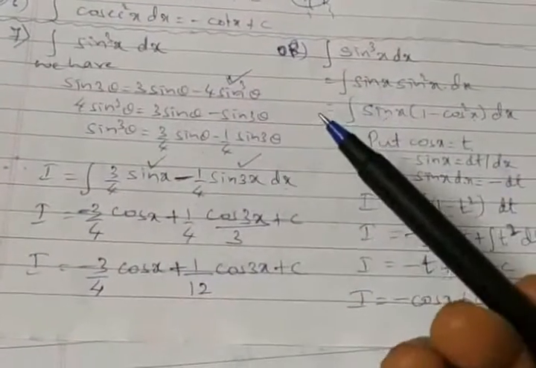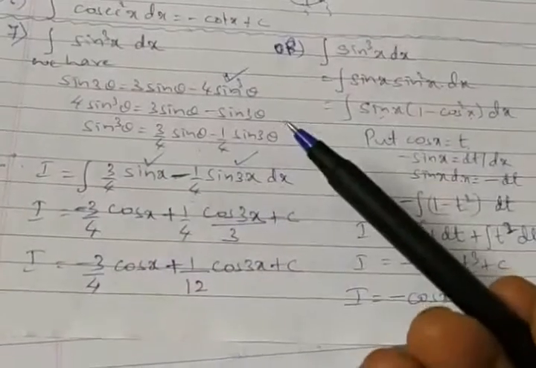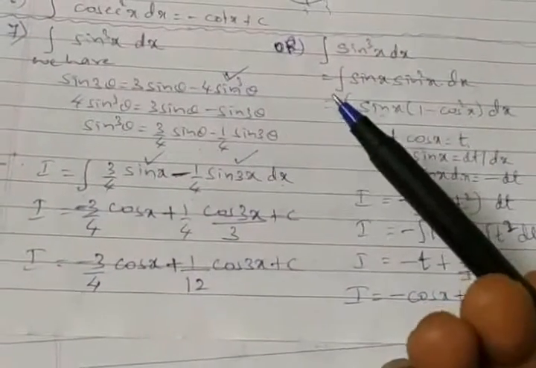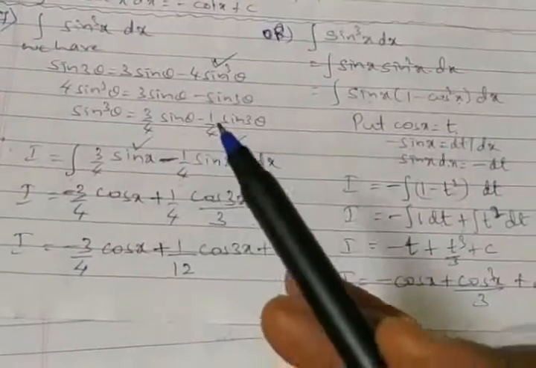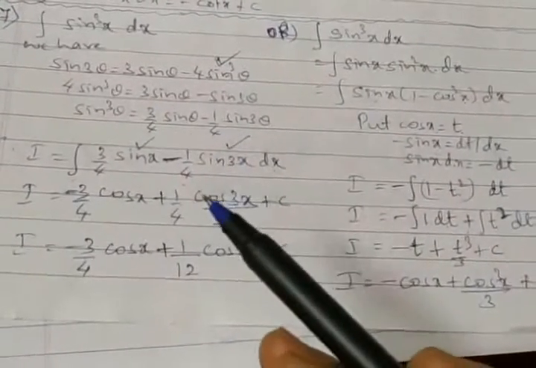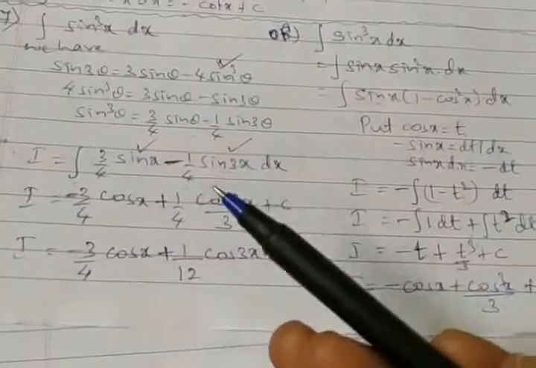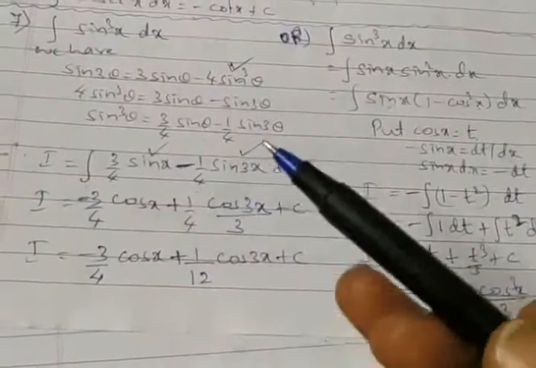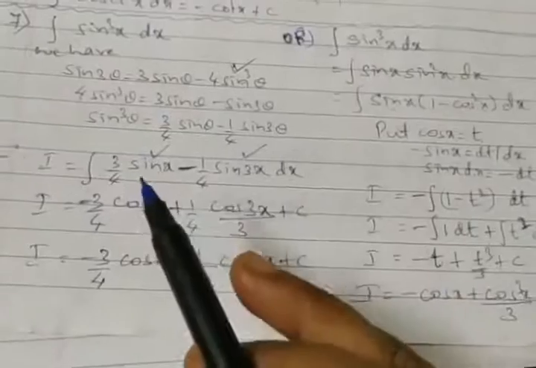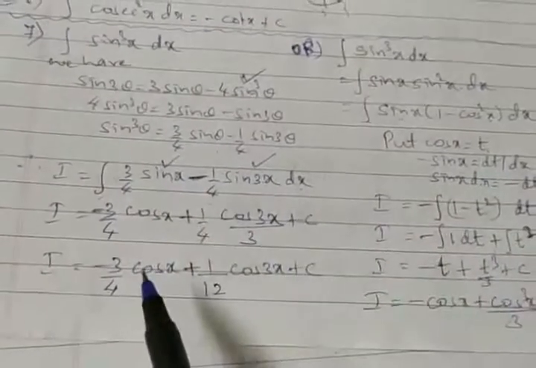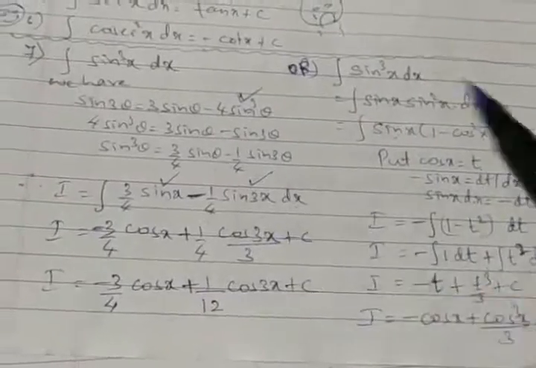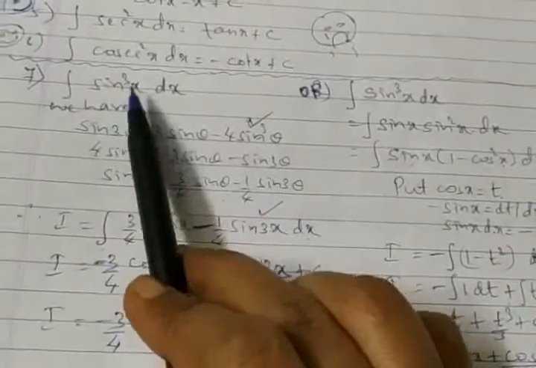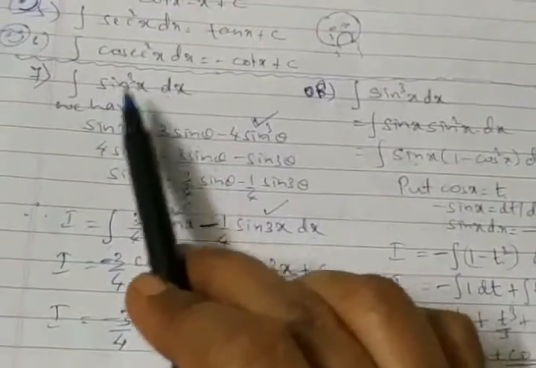Once again the same list: 1 by x, x raised to n, e raised to x, a raised to x, okay? Only those, whatever we have, around 9 to 10, the short list, or maybe around 14, 15, including inverse trigonometry. Those results only you need to bring here and go for integration. So the method you have to remember. This is to be remembered for integration of sin cube x.